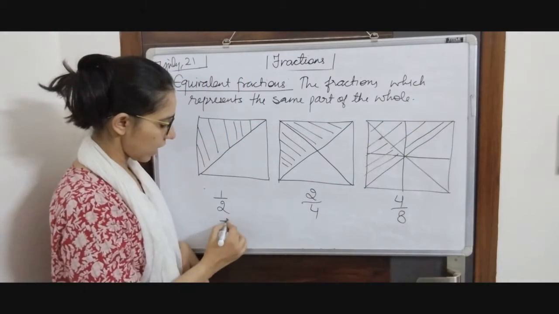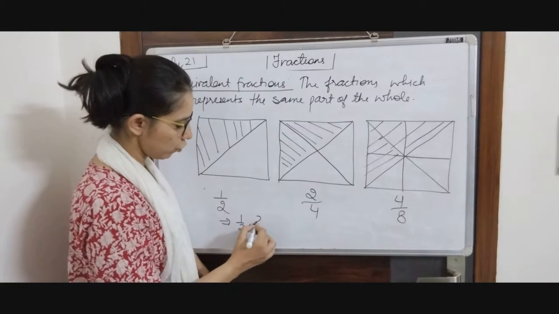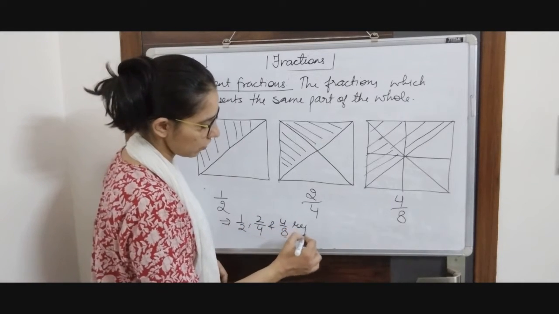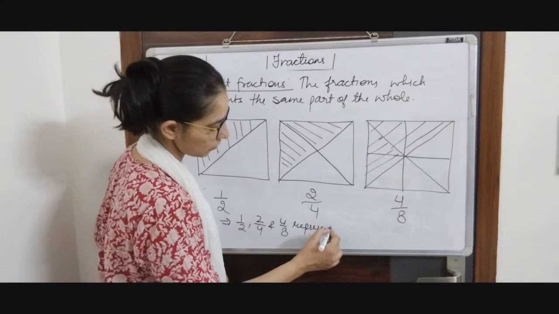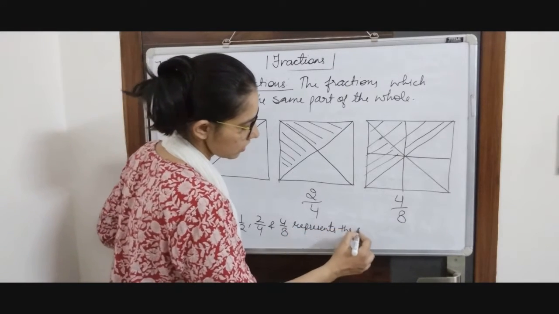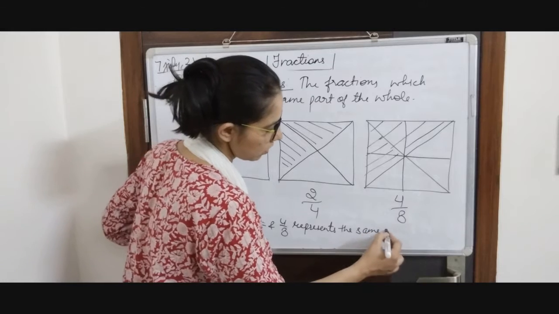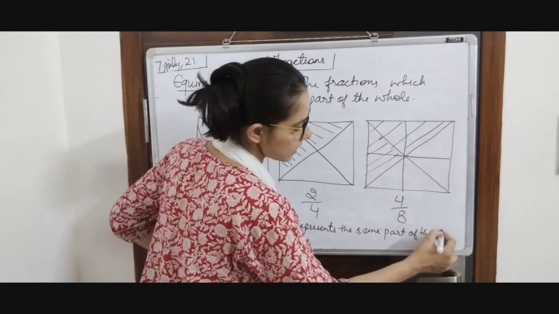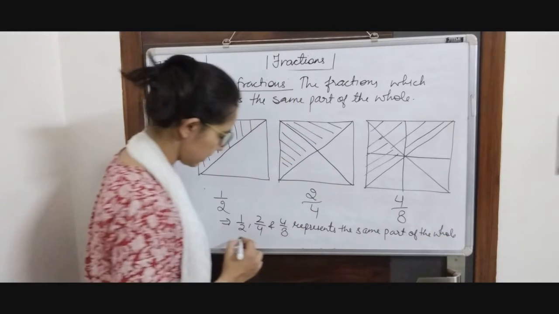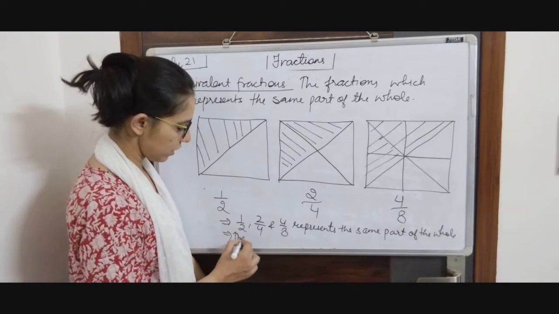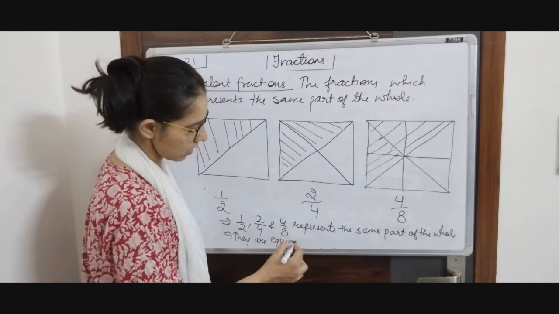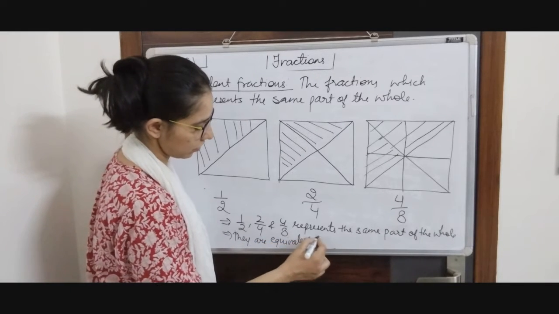So it means that your 1 by 2, 2 by 4 and 4 by 8 represent the same part of the whole, or you can say that they are equivalent fractions.